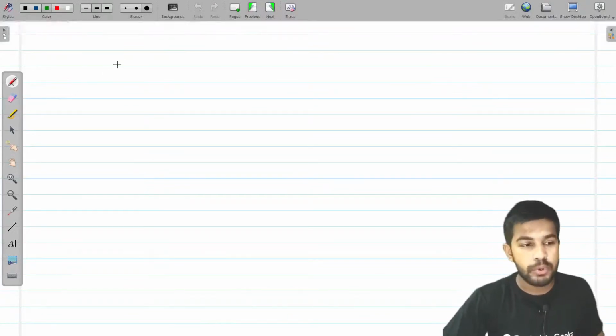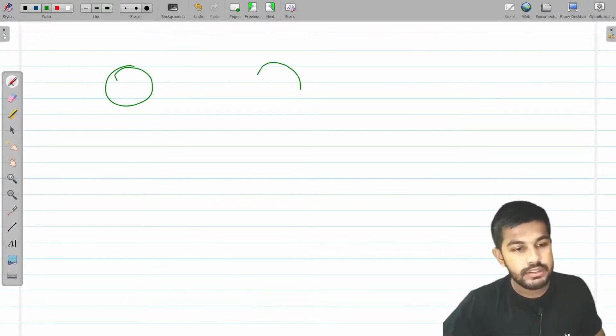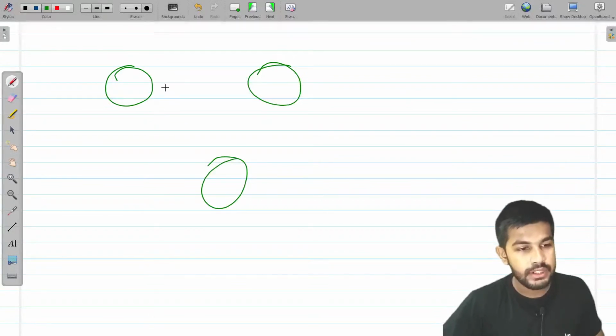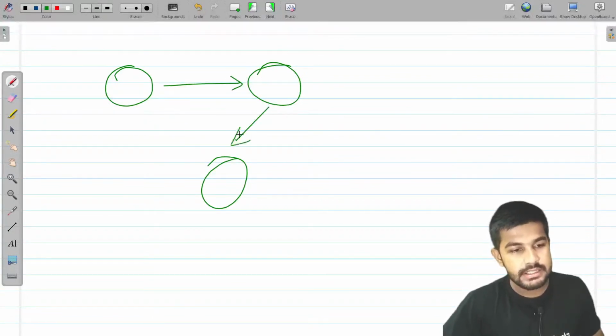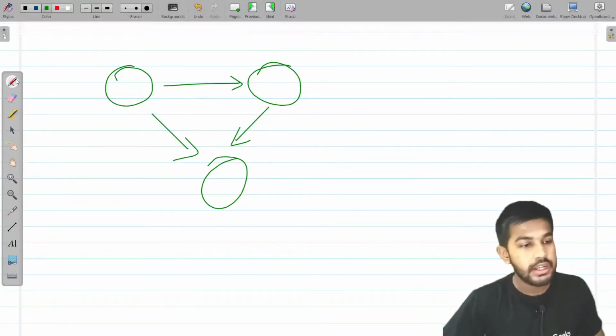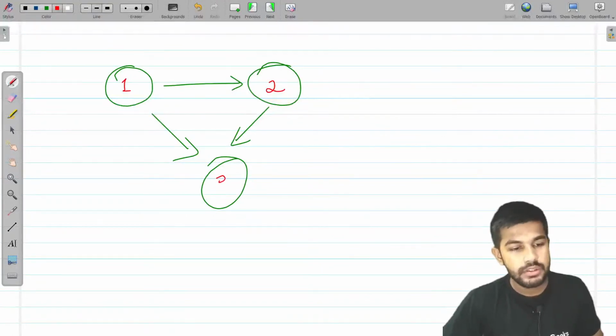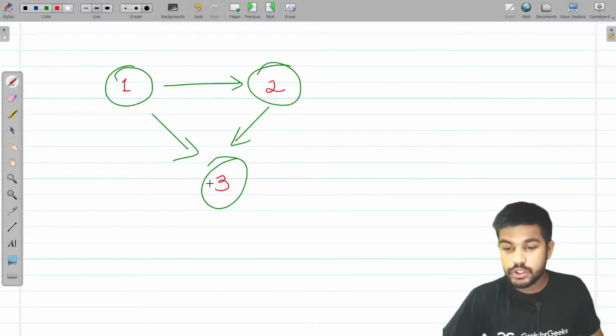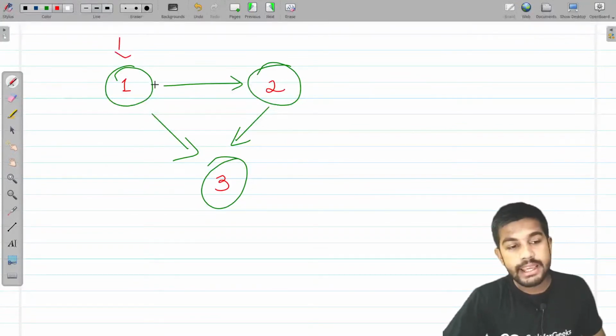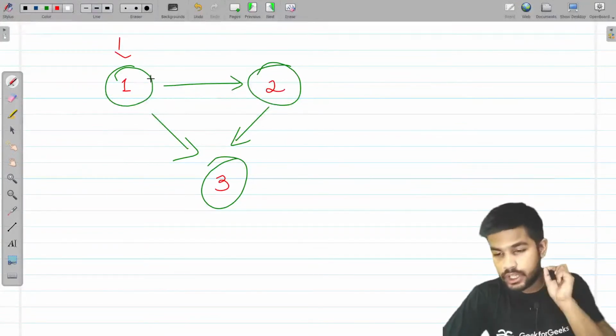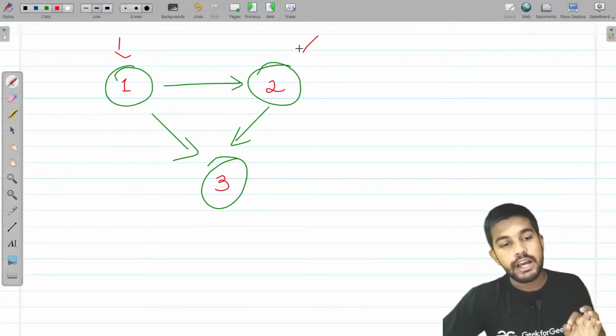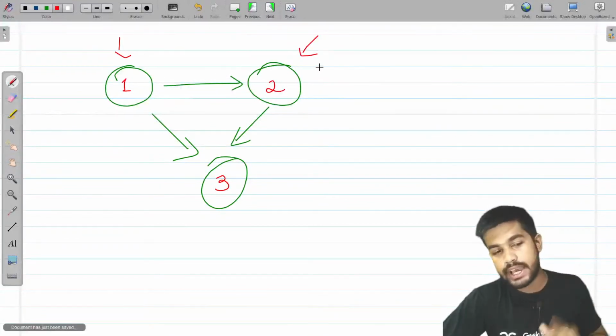Strongly connected components, suppose this one, and this one. Suppose this is 1, 2, 3. So, from 1, I can reach any node, 3 or 2. From 2, I can reach any node, 1 and 3.